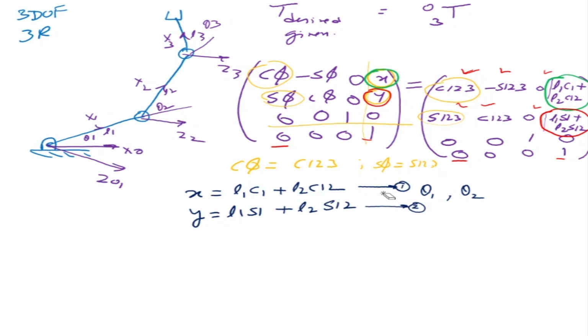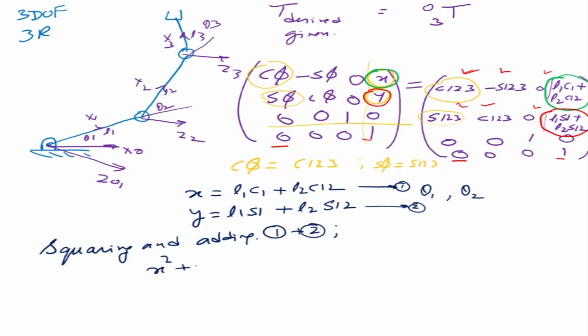So here we can say that, squaring and adding this 1 and 2, we get x squared plus y squared is equal to L1 squared cos squared theta 1 plus L2 squared cos squared(theta 1 + theta 2) plus twice L1 L2 cos theta 1 cos(theta 1 + theta 2).